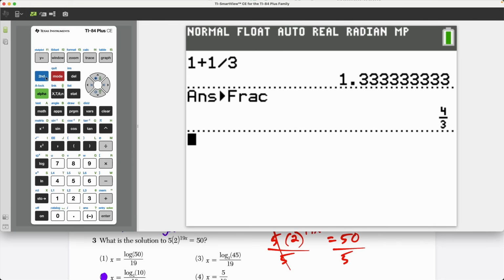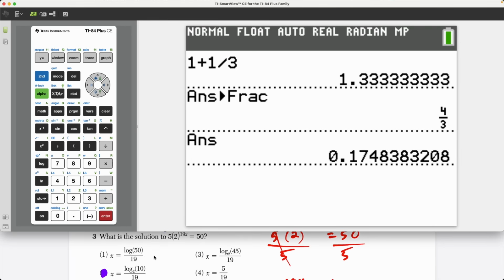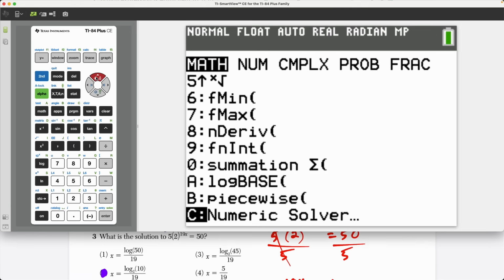So I press second mode, second answer, or I could just write that down, but that's the decimal answer for x. And if I run through the answer choices here, I'm going to press alpha. If you have a newer calculator, you could press alpha x, or I press alpha y equals enter if you don't have the newest TI calculator. And for log base 2, I press math, go up to see this one here, log base.